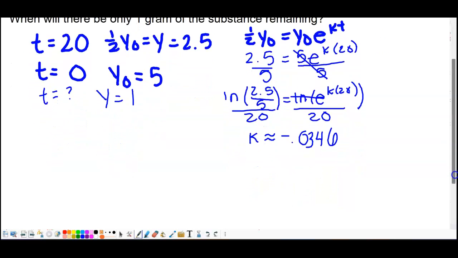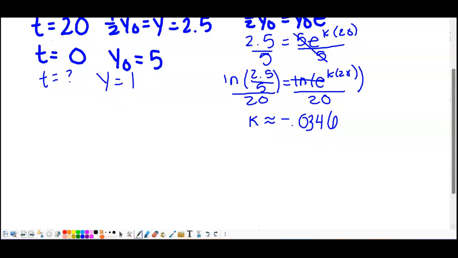So what we're going to do is say, okay, 1 equals 5e. This time I'm looking for t, so I'm going to plug in k. And if you want k to be exact, we could say that k is really the natural log of 0.5 over 20 and not plug in a decimal. So you kind of have 2 choices.